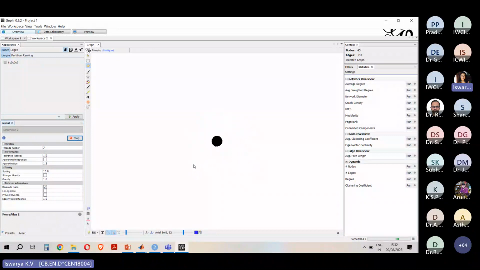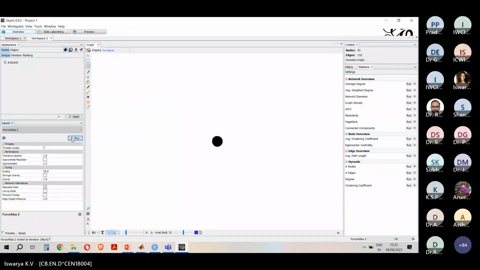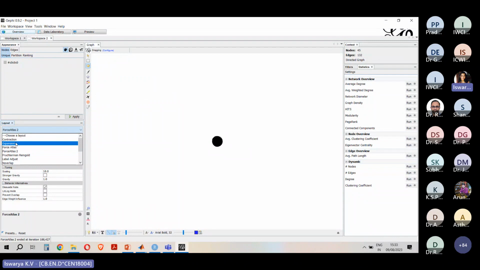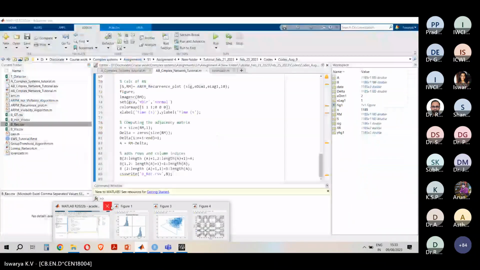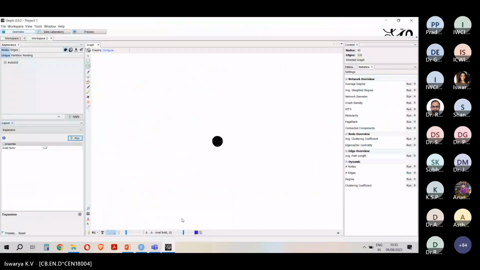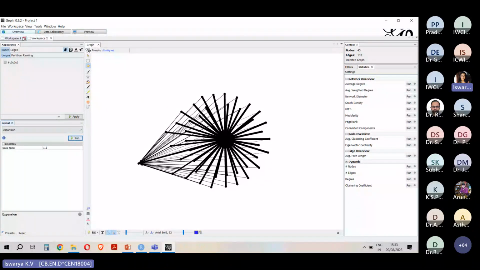I'll be running this algorithm, and I'll stop the expansion so that we can look at it a little bigger. So this is what we get in the visibility algorithm.